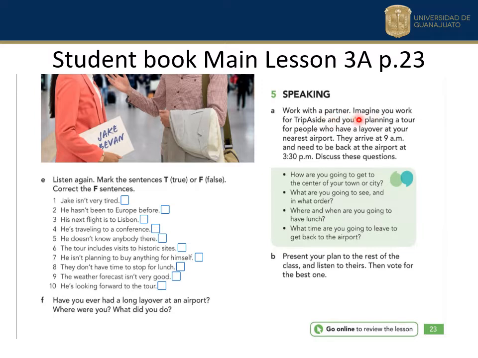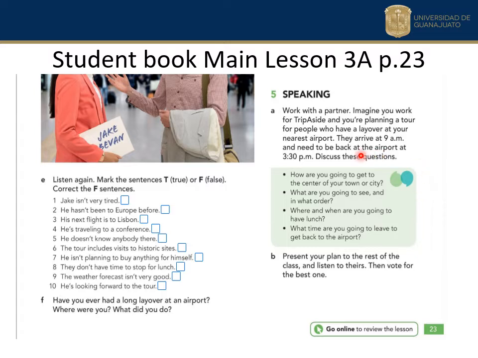You have to imagine that you work for TripAside and you're planning a tour for people who have a layover at your nearest airport. So you can take these questions in consideration to plan your trip. However, even though it says speaking, you are only sending the writing, okay? Or the answers for these questions.